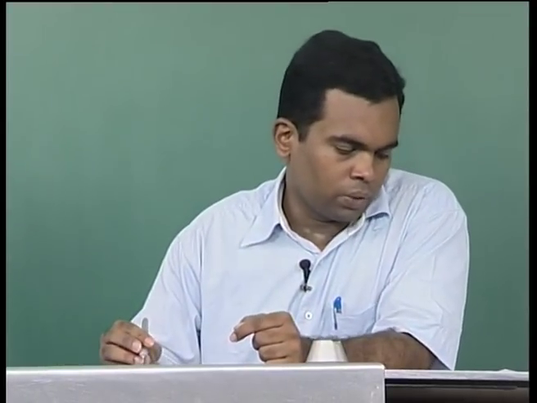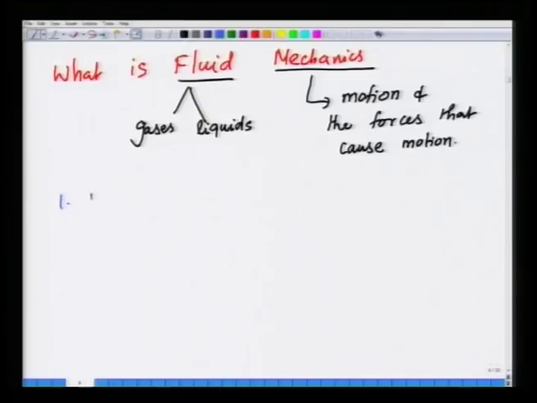Okay. So, what are the questions that one asks in fluid mechanics? Broadly they are of 2 types. Firstly, what is the force that is required to cause a given motion?